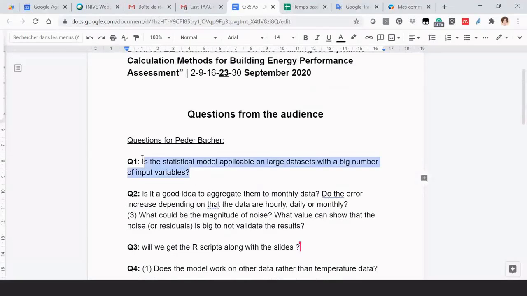Okay. So, is a statistical model applicable on large data sets with a big number of input variables? Yeah, of course.